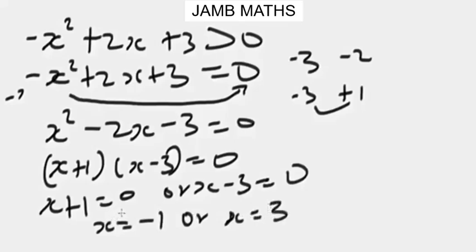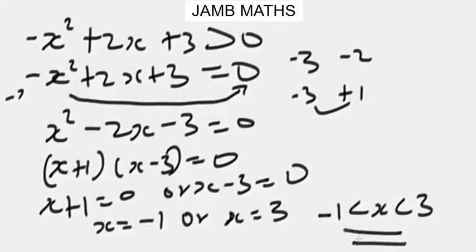To represent this using the inequality convention, it's going to be negative 1 is less than x is less than 3. So this is how you can represent this using the inequality convention. Alright, so guys, it's as simple as that. So let's wipe this now and look at another math question.